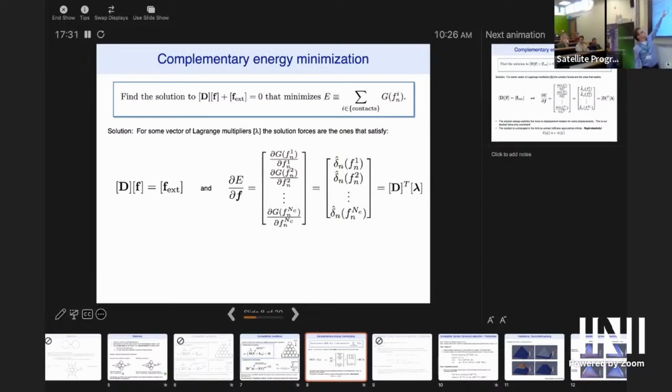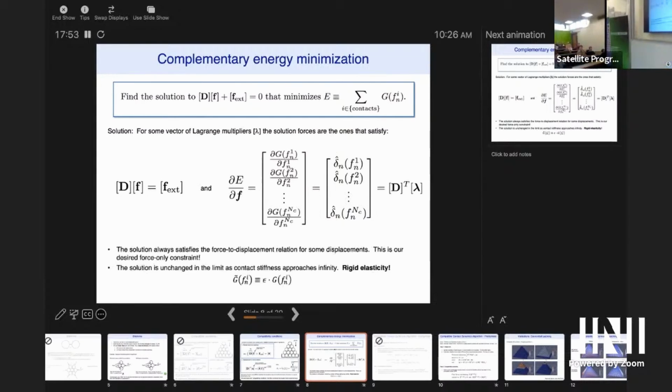So the gradient of the cost function is supposed to be equal to lambda times the gradient of the constraint. But what's the gradient of this with respect to F? It's D transpose. And I get this. But what's this? That's my equation 2. So I look at this and say, hang on a second. The solution to this optimization problem has no mention of displacement whatsoever.